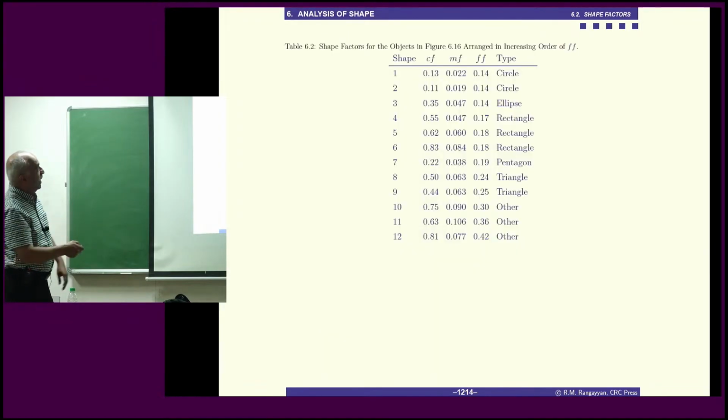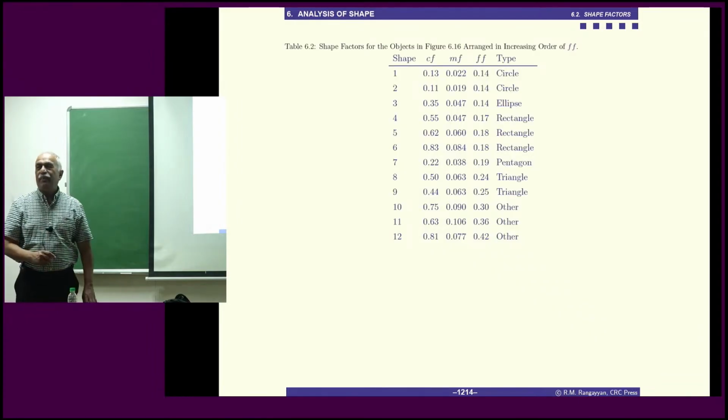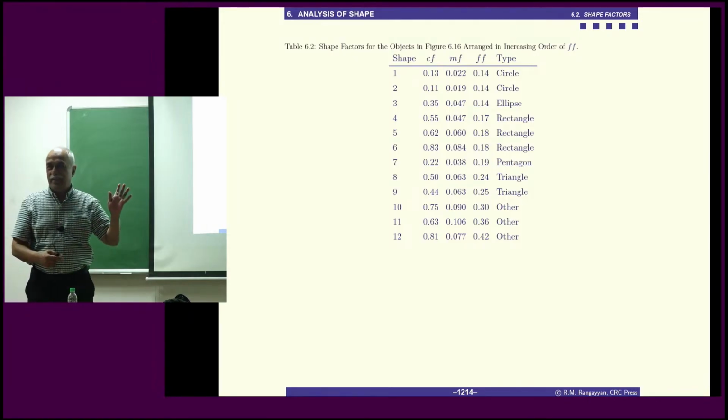Okay? The other compactness and moment-based factors did not give a monotonically increasing sequence of numbers for this set of objects. Is this correct? We could discuss that, but there is a sequence here.